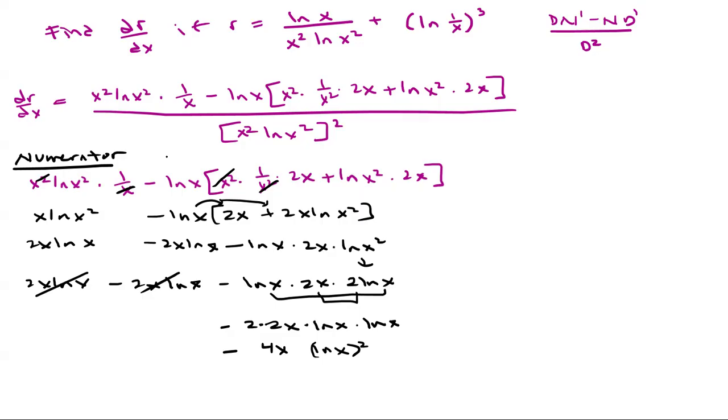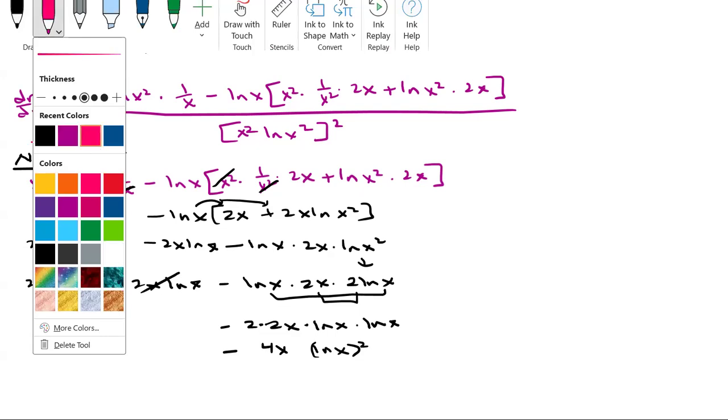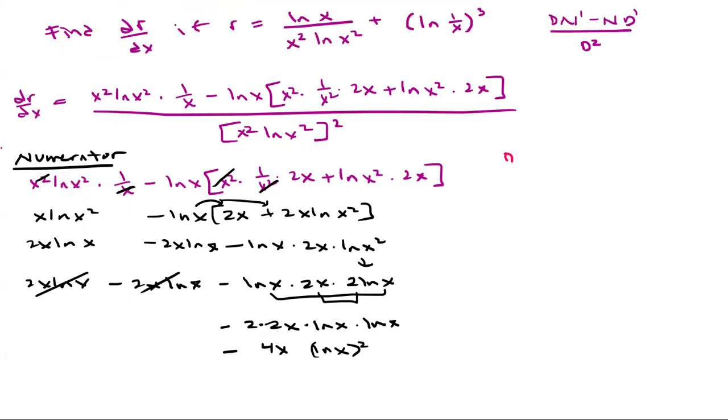Now let's look at the denominator here. Okay, so the denominator we have x squared times ln of x squared raised to the power of 2.